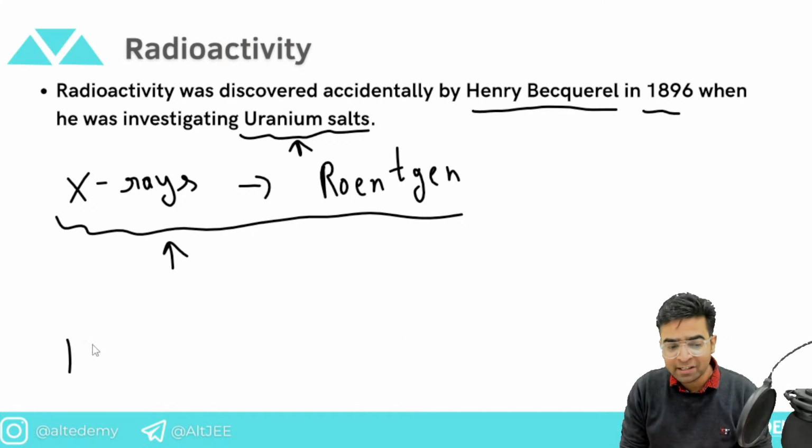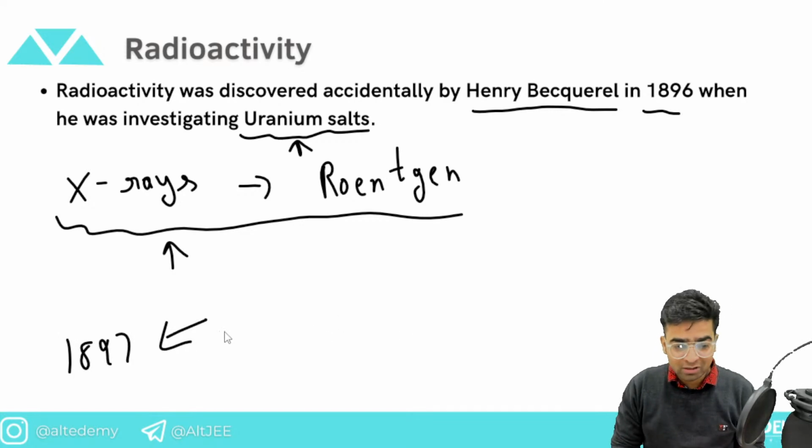After another year, in 1897, there were Pierre Curie and Marie Curie. Marie Curie gave the laws on it. That's how radioactivity got discovered.